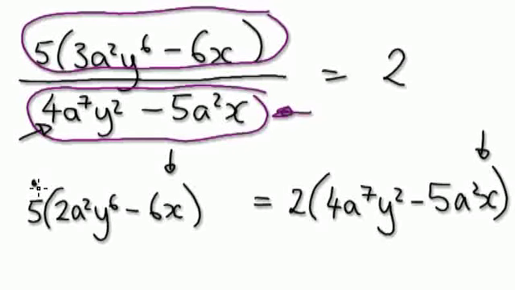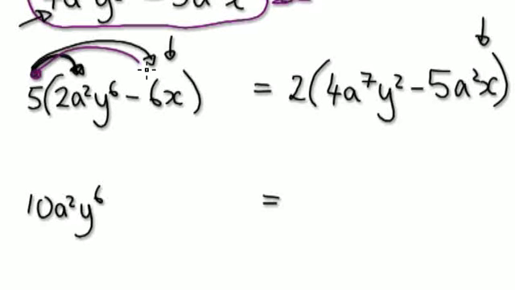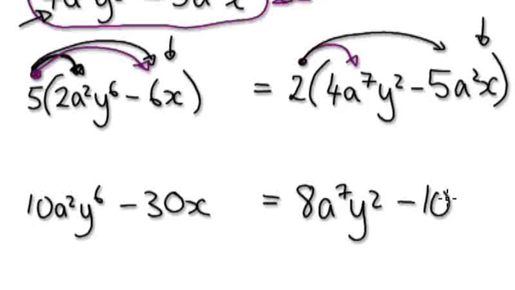So let's multiply out the brackets just to break up the big bubble here. Okay. So hang on. This side will be, well, this multiplied by this will be 10a squared y to the power of 6, and now this times this will be minus 30x, and now this times this will be 8a to the power of 7 y squared, and then this times this will be minus 10a squared x.